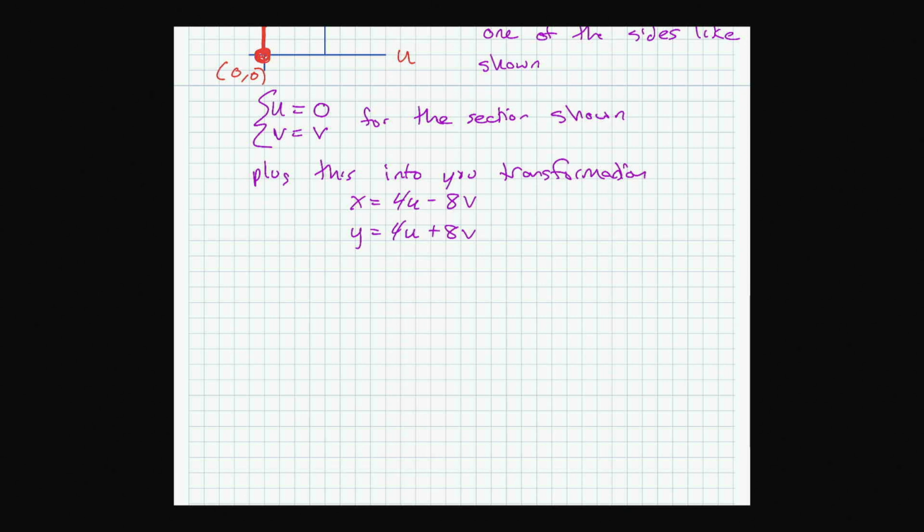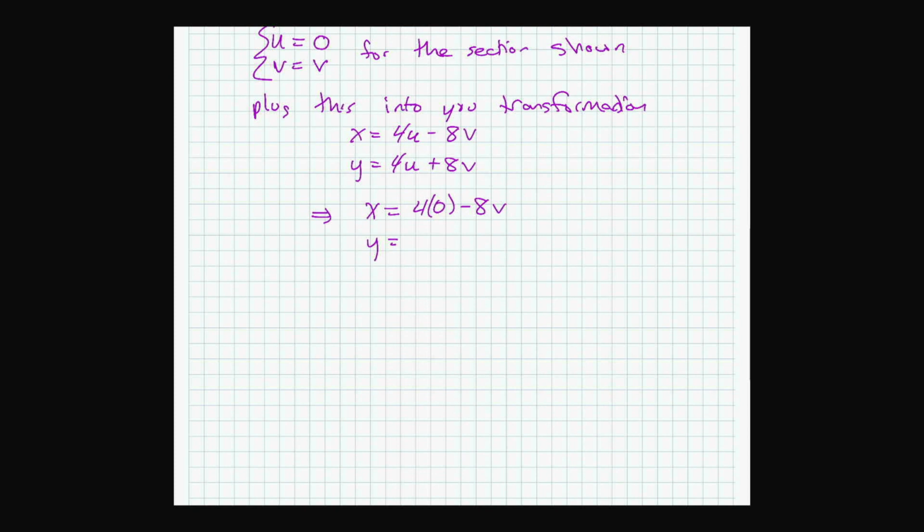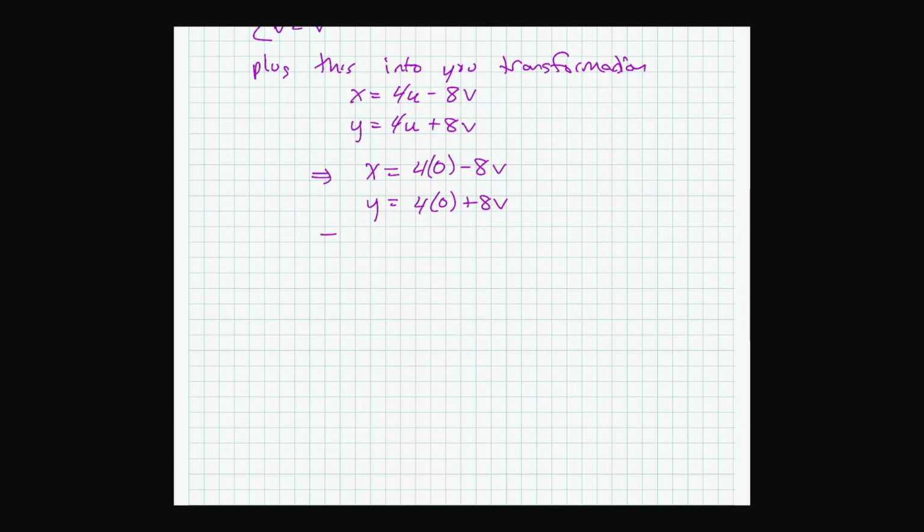So you plug that in, you get x is 4 times 0 minus 8v, and y is 4 times 0 plus 8v, right? Which would tell you that x is negative 8v and y is positive 8v, right?